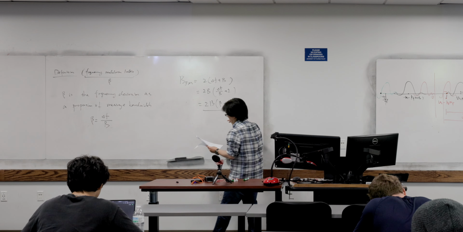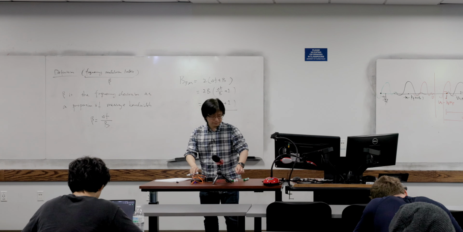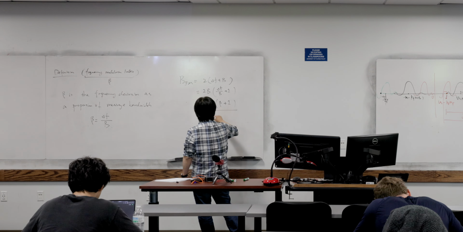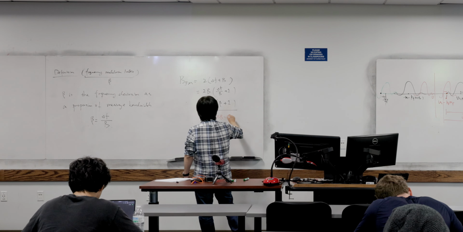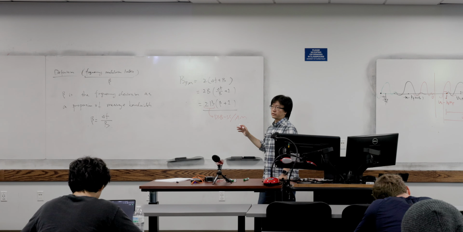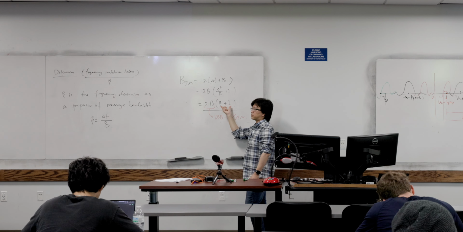This is the bandwidth. And we can see clearly that this 2B is the bandwidth of the DSB-SC or AM signal.